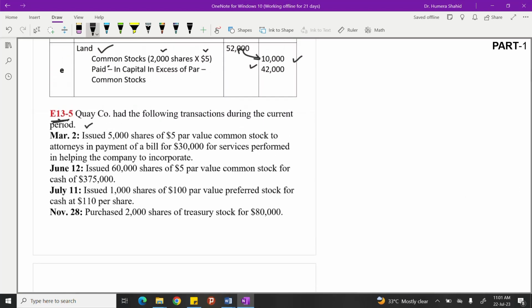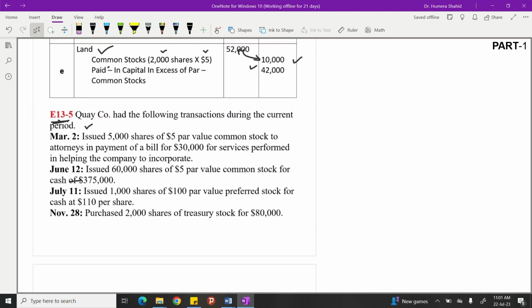So let's do them. March 2nd, issued 5,000 shares of $5 par value common stock to the attorney in payment for the bill of 30,000 for services performed in helping the company to incorporate. So this is exactly what we did a few minutes back.